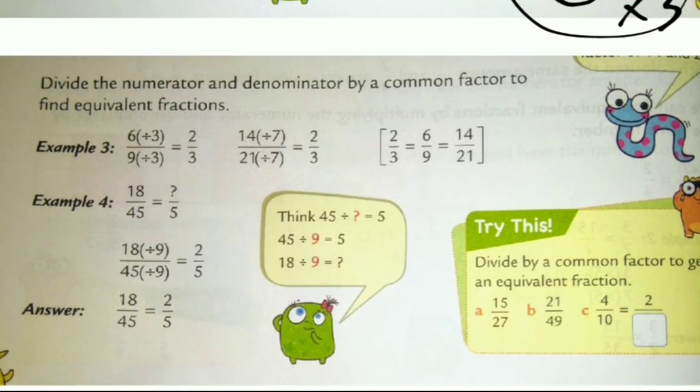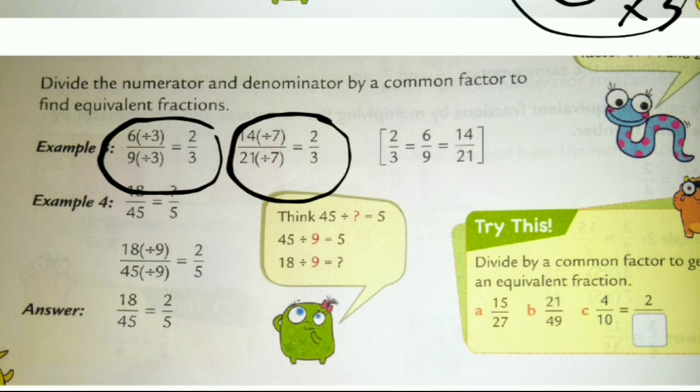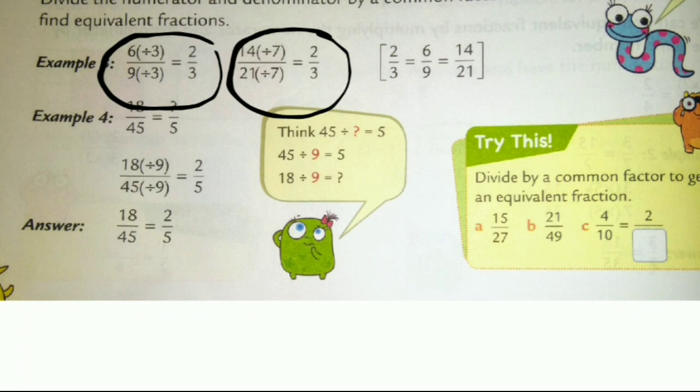One more example here. Divide the numerator and denominator by a common factor to find an equivalent fraction. When this kind of question comes, it is similar to the previous question, and we do the same thing. We have to see which things are given. See question number 4.